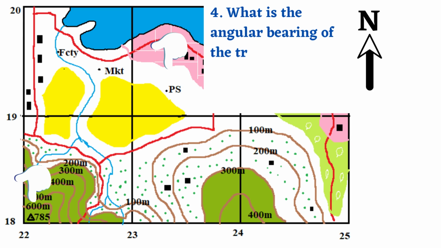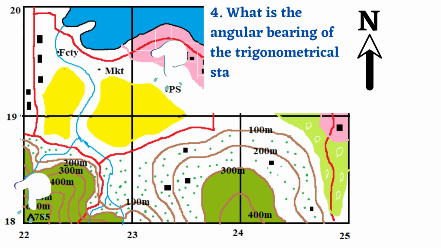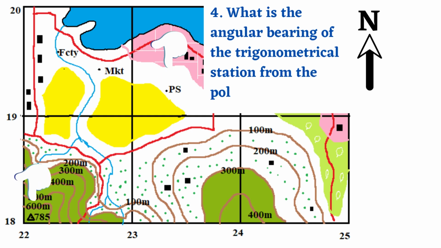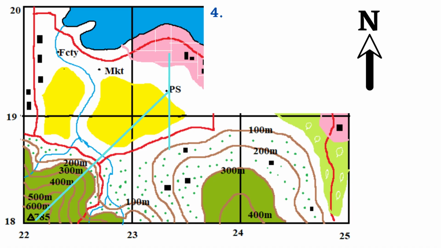Number 4 says, what is the angular bearing of the trigonometrical station from the police station? So the first thing we need to do is to try to identify the points in question.